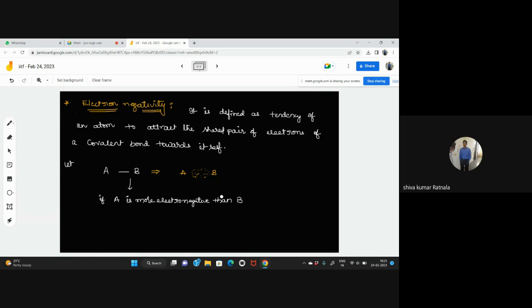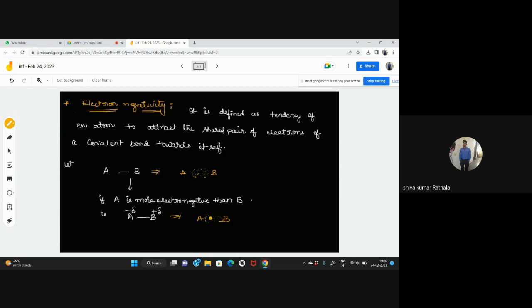That means the shared pair of electrons will slightly move. So if A is more electronegative, there is a partial negative charge on A and a partial positive charge on B. This partial charge indicates the electron cloud is slightly migrating towards A more as compared to B.